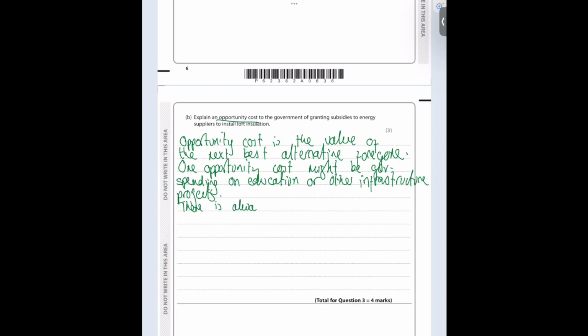So we could say there is always an opportunity cost to government spending, as there may be better alternatives for promoting energy efficiency.